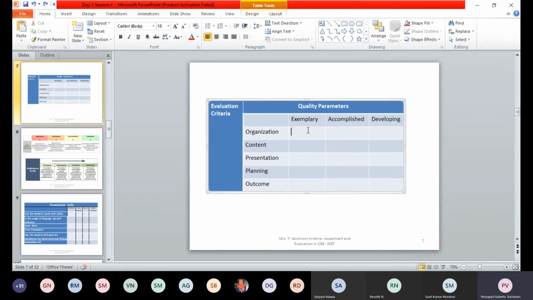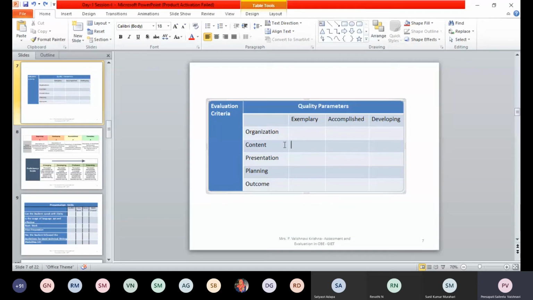Now what makes me take that particular student under this shall be clearly mentioned here. You need to mention clearly, based on which kind of performance you can categorize a student as exemplary for this criterion, organization.